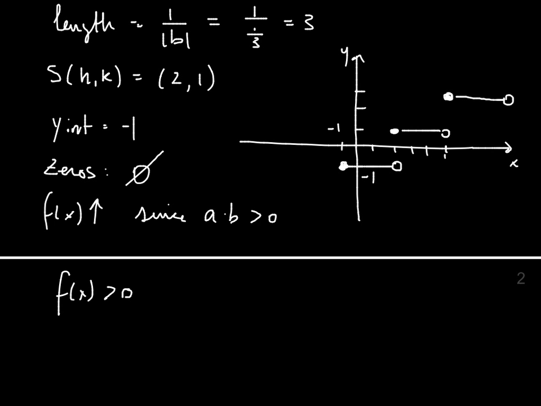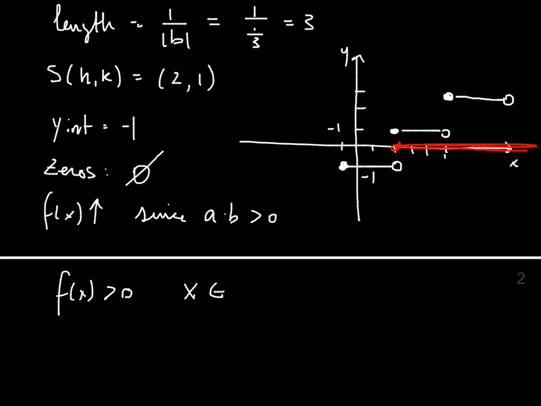So f(x) will be strictly greater than 0 when x belongs to the set, and here in red I'm going to draw all the positive, including this point here. That point happens to be our starting point that I wrote.